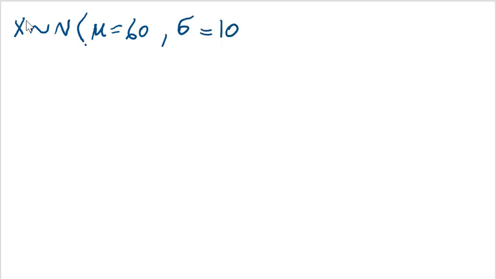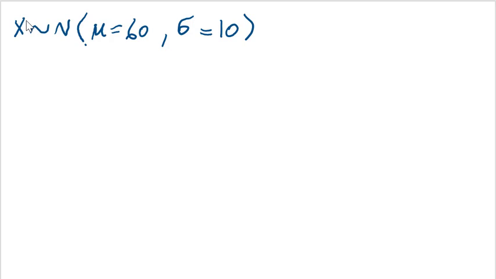Now, it says that given that x is normally distributed with the mean of 60 and a standard deviation of 10, sigma is equal to 10. Now, find the z scores for x is equal to 60 and x is equal to 72.